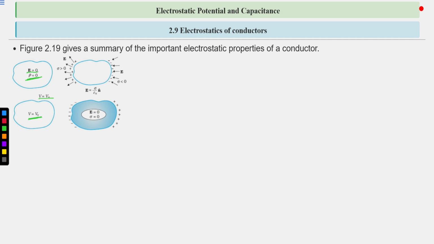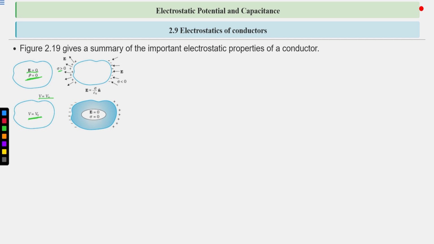On the surface, electric field is perpendicular to the surface. There is no tangential component present, so there is no force on the charges on the surface. So also no work is required to move any charge on the surface. So potential is also constant on the surface. Again, this is the conductor. These are positive charges, these are negative charges.